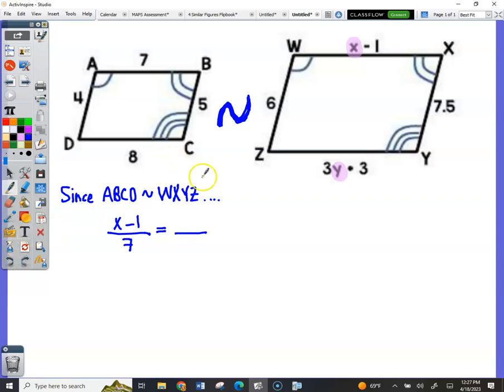You're never going to see the side of a shape labeled 3y times 3. That's a plus sign right here, y'all. It looks really bad. Sorry. Anyways, because we already have a variable x, we need to pick two sides where it's just numbers. They have to be consistent. X minus 1 came from this shape. So pick a number.